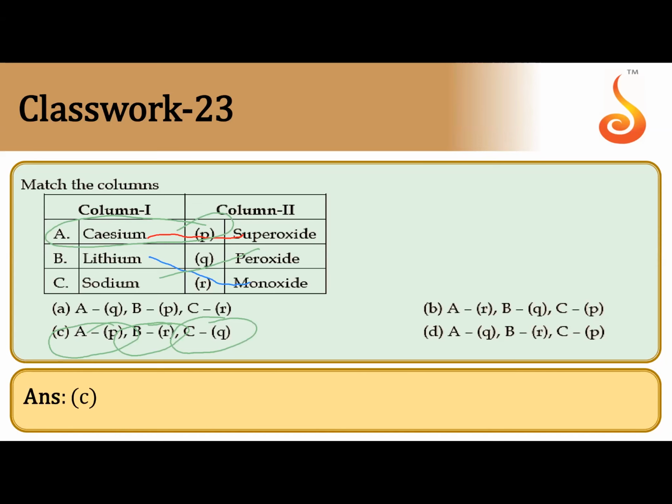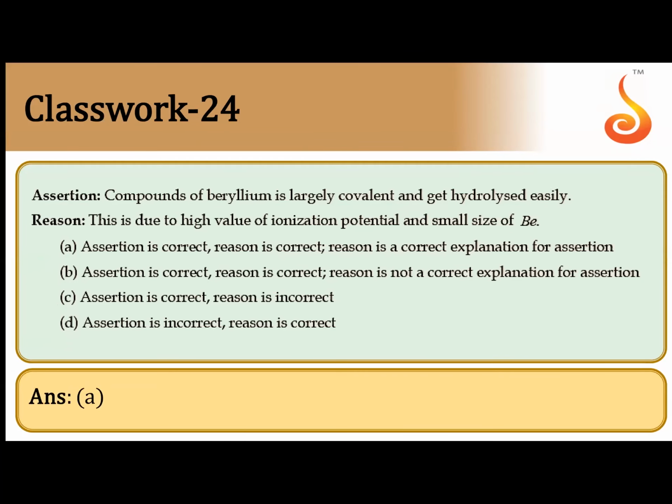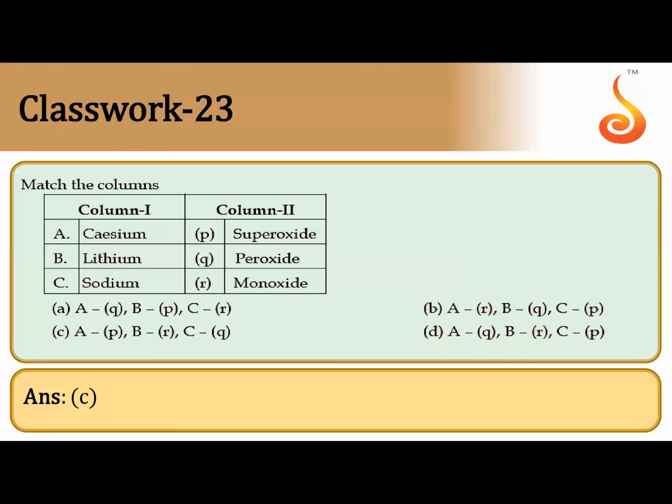Option C is correct. One second, there's a doubt from a child. Even potassium and rubidium can form superoxides. But Udit, go to the previous question if you want. The question is about lithium, sodium, and cesium.